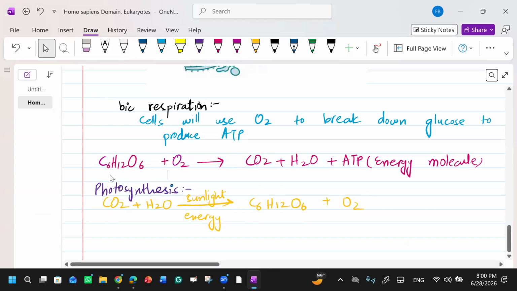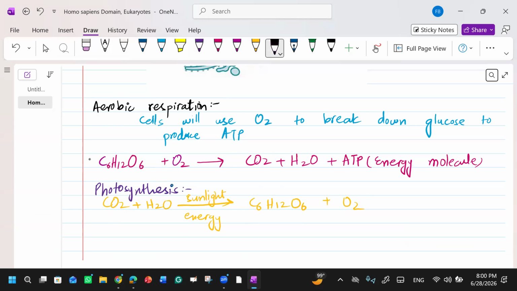The first process which I have written is known as what? Aerobic respiration. This is happening in our body. This reaction is helped by the mitochondria.